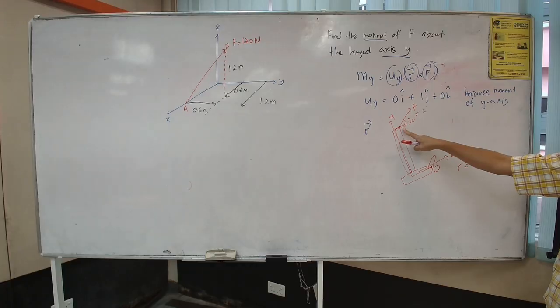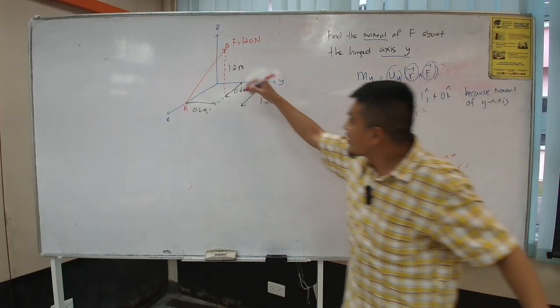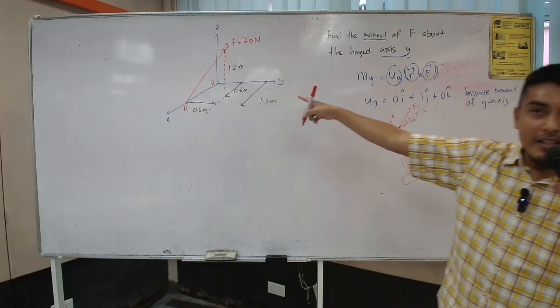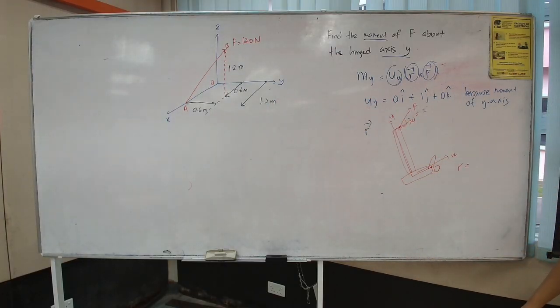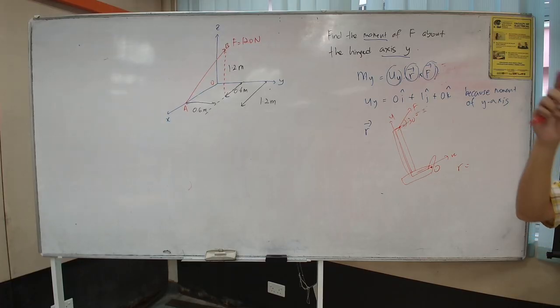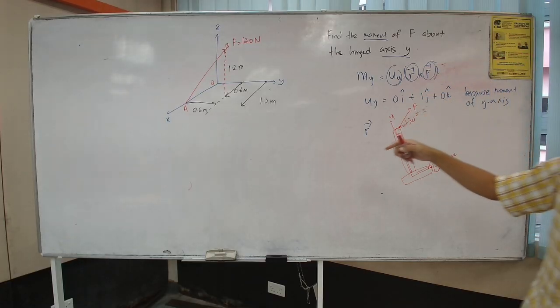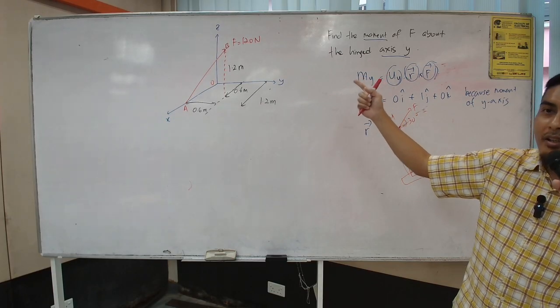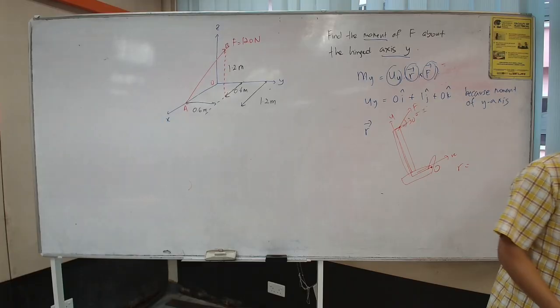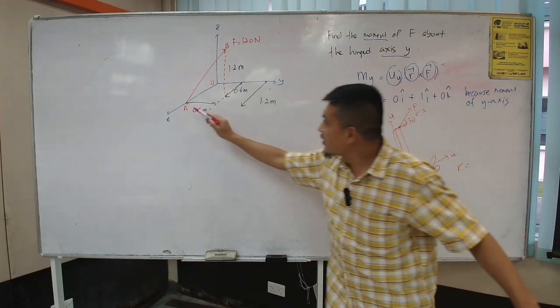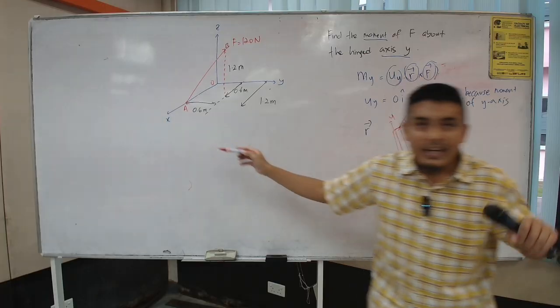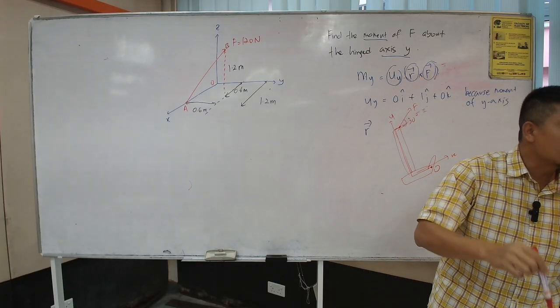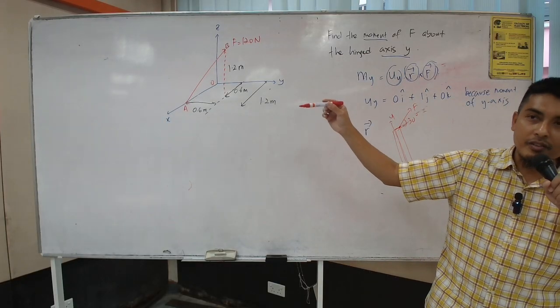That's your R. So in this case, this is your origin. So the R to calculate the moment is from 0 to A or B? To A, because A is the starting point for the force.